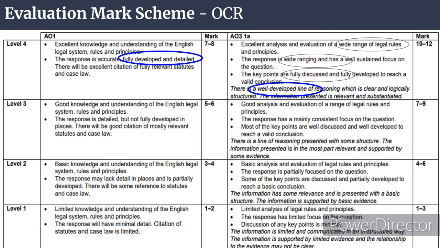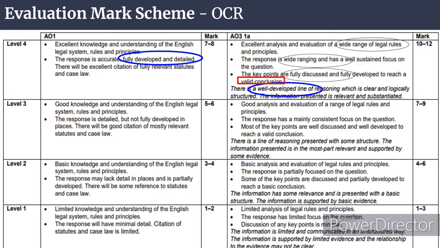And I want to also draw your attention to this phrase. Key points are fully discussed and fully developed to reach a valid conclusion. Now you will notice that that phrase valid conclusion appears both in level 4 and level 3.